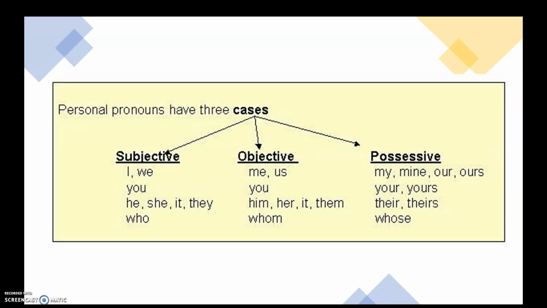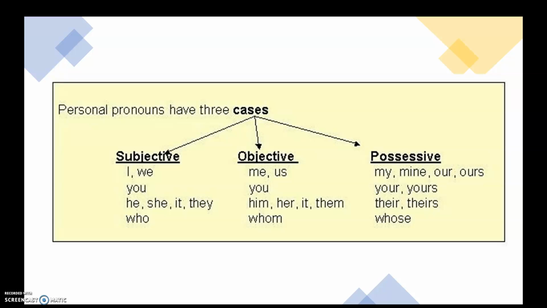But I wouldn't say a gift is given to I, I would say a gift is given to me. I wouldn't say a gift is given to we, I'd say a gift is given to us, because me and us are the objective forms of the subjective pronouns I and we.